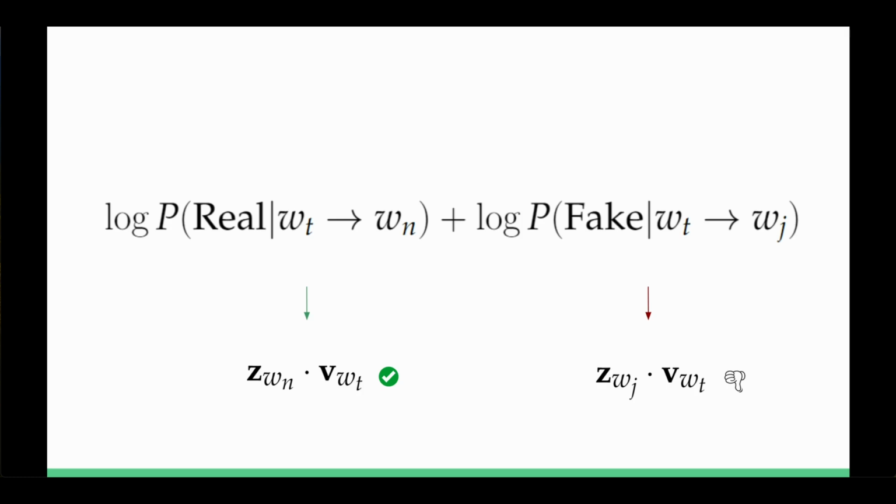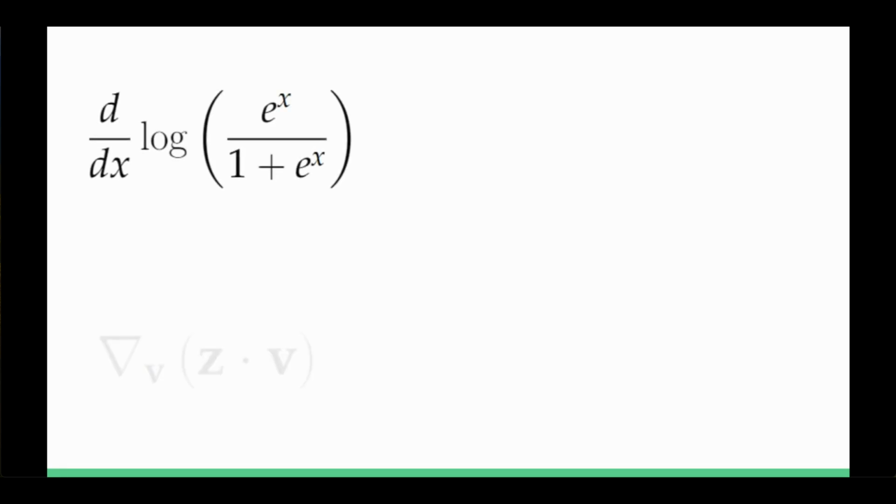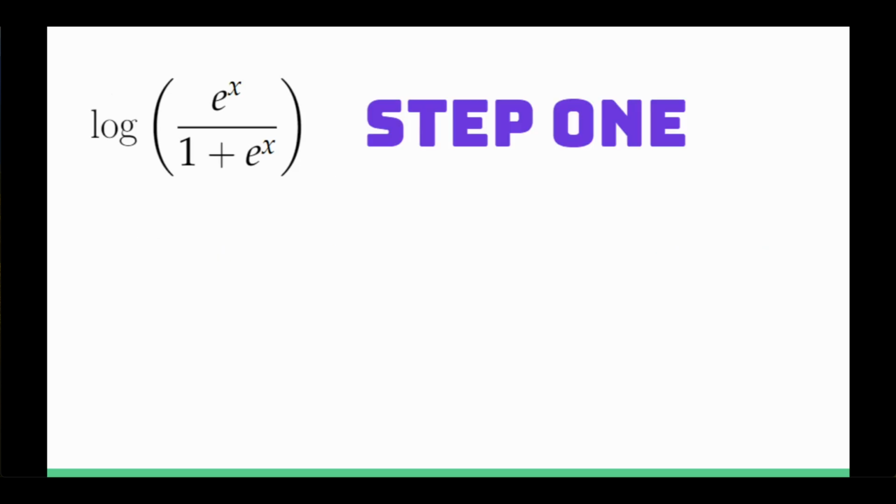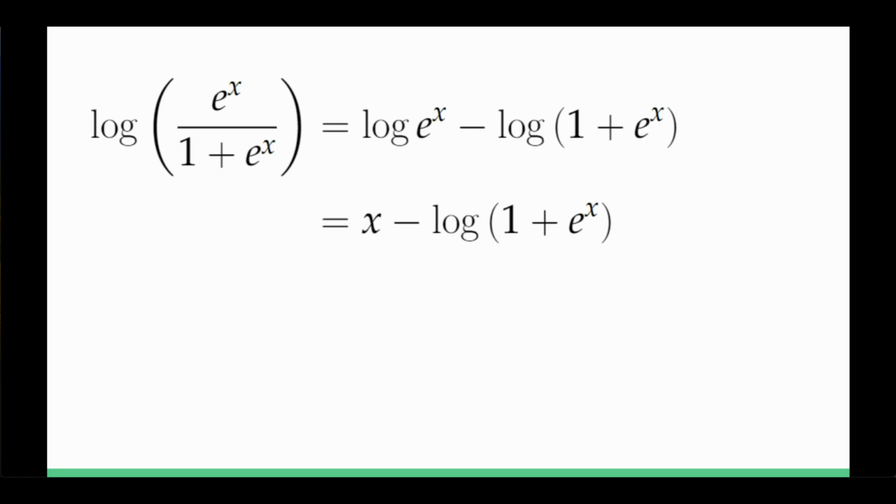Let's get to work. We're going to calculate the gradient in 3 main steps. The first will be figuring out the derivative of the sigmoid. The second step will be defining what a gradient even is. The third part will connect it all together with the chain rule. As our first goal, let's focus on the logarithm of the sigmoid. First, we'll rewrite things using the properties of the logarithm.